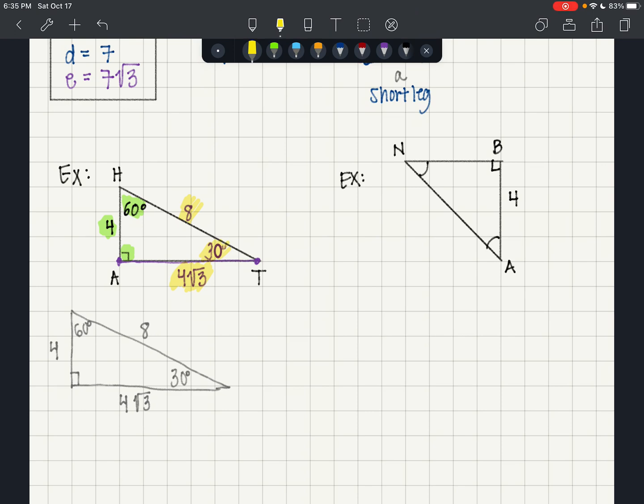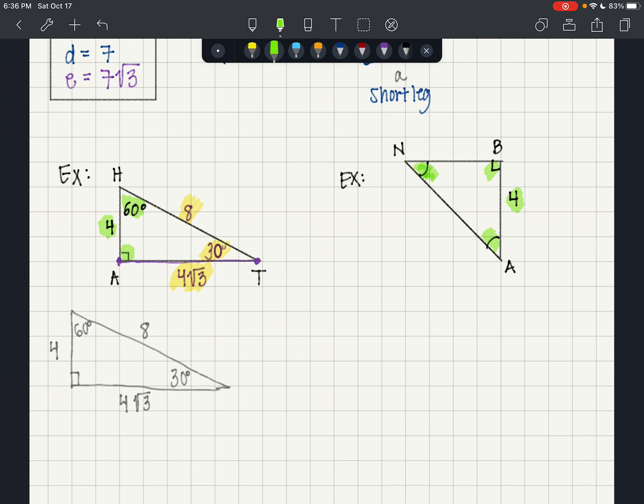Now remember, this setup only works when we have a 30, 60, 90. So in the next example, we have what kind of a triangle? Well, we've got a 90-degree triangle. So they're giving us this angle. They're giving us this side. And that looks like it's only 2 parts. But they are telling us that the 2 acute angles that add up to 90 degrees are equal.